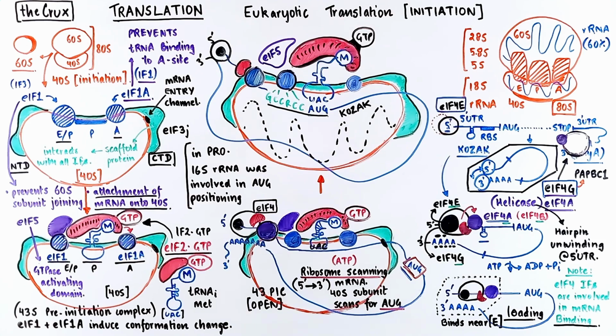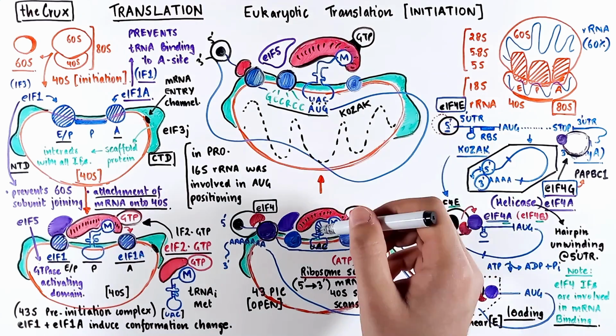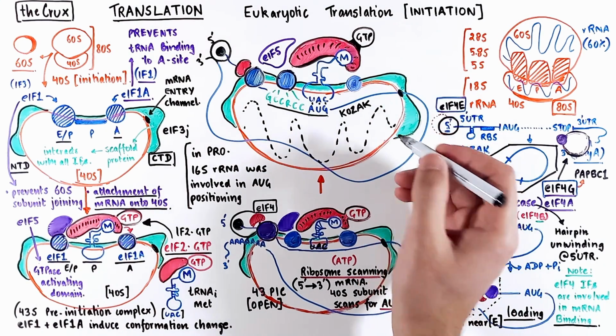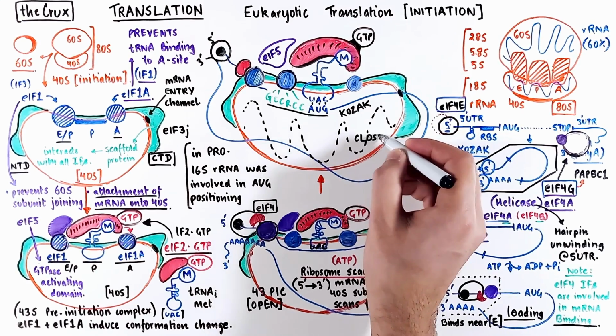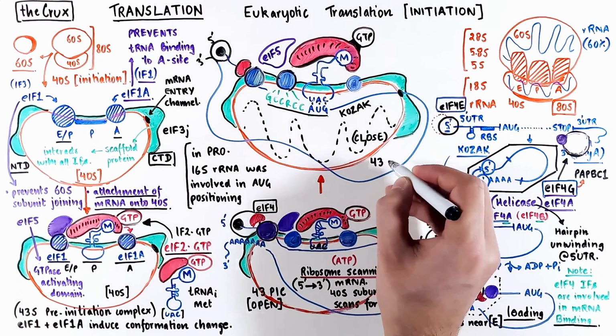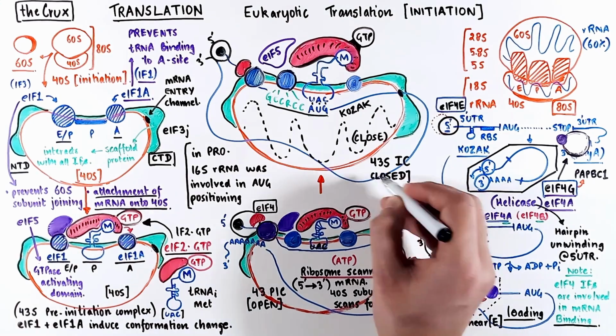Alright, let's move on. So when this pairing between the mRNA and the tRNA is established at the P site, the 40S subunit undergoes a conformational change at the mRNA entry channel, and it goes into a compact state, and we call this state a closed state. So this entire complex moves to a 43S closed complex.